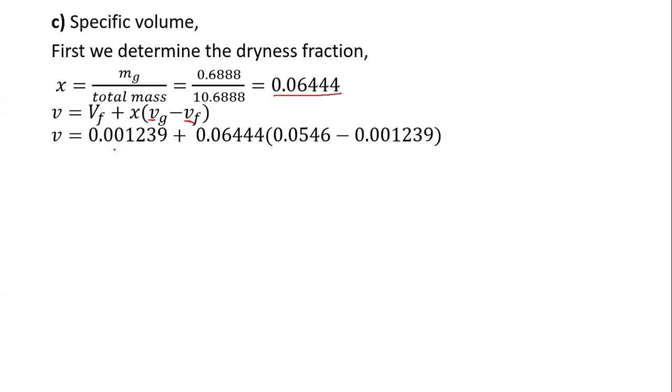So in the vf, we have 0.001239 plus the dryness fraction, 0.06444. Then open the brackets: vg is 0.0546 minus vf, which was 0.001239. Now, with all that, our specific volume becomes 0.004677 cubic meters per kg.